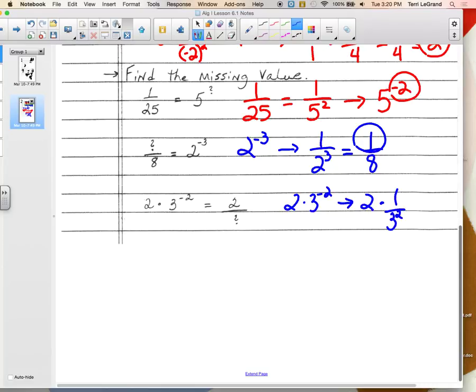And then 2 can be made into a fraction. 1 over 3 squared is 1/9. 2 times 1 is 2, and 1 times 9 is 9, and we were looking for the numerator of 2, so we found our missing one.